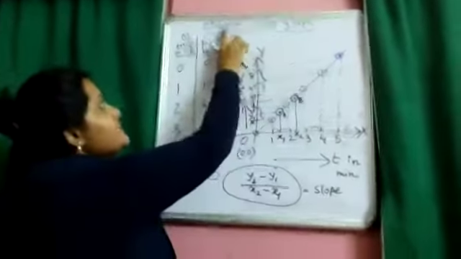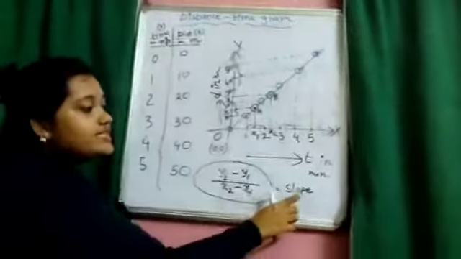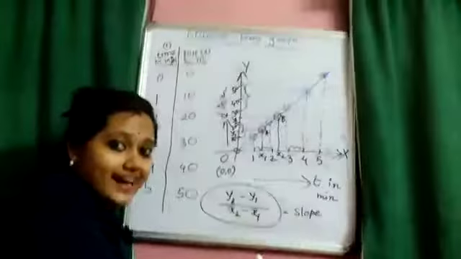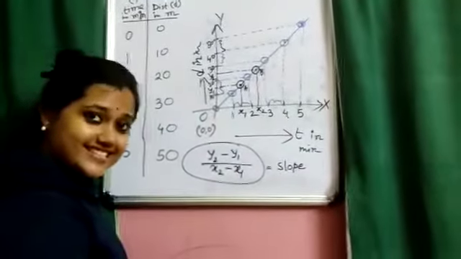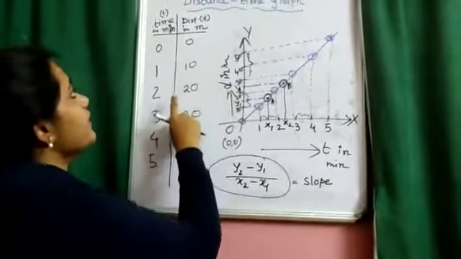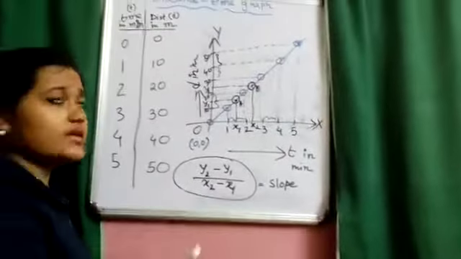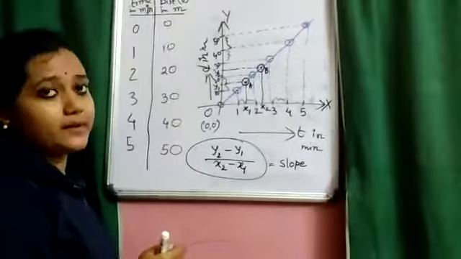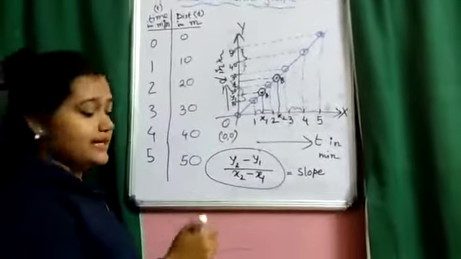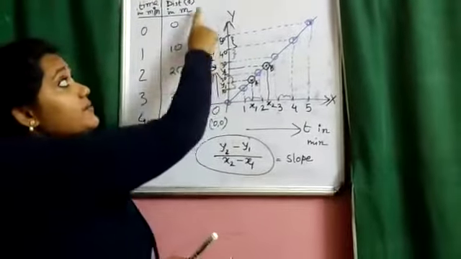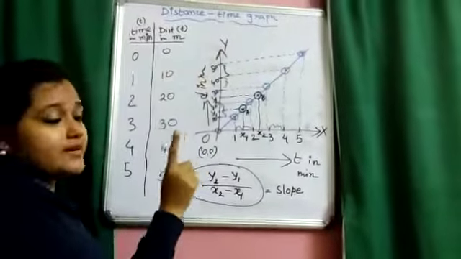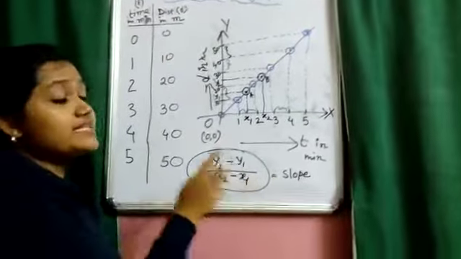Now for this distance time graph, the slope is giving us the velocity. I can tell it as the speed, since I am using the term distance there. So once again I am telling you, for a distance time graph, the slope is giving us the speed.